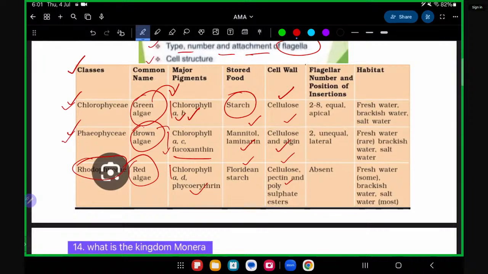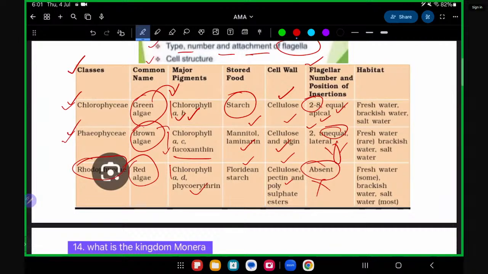Then we'll see the flagella number and their position. In Chlorophyceae, 2 to 8 flagella are equal and apical. In Phaeophyceae, there are 2 flagella, but unequal and lateral. Okay. In Rhodophyceae, no flagella are present.